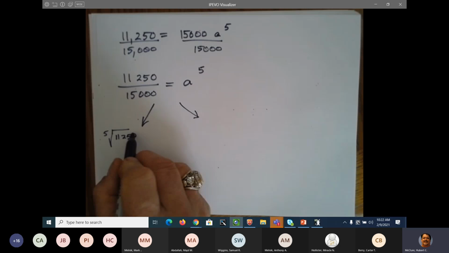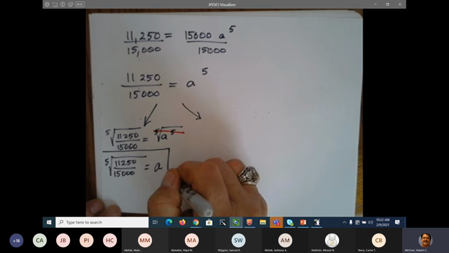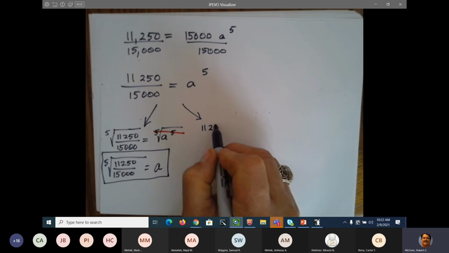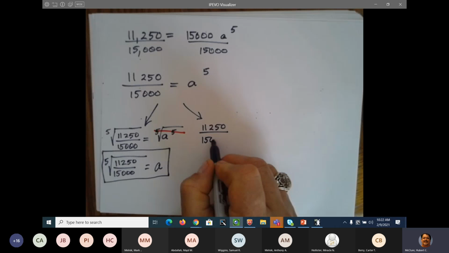So A is equal to the 5th root of 11,250 over 15,000. So that's one way to do it. Another way is use a rational exponent. 11,250 over 15,000 is equal to A to the fifth.